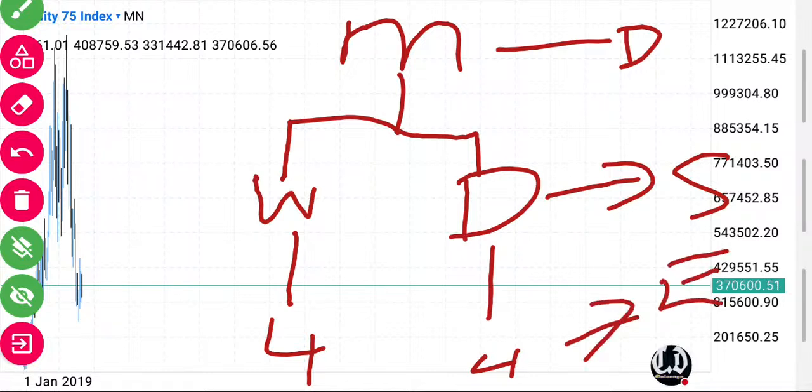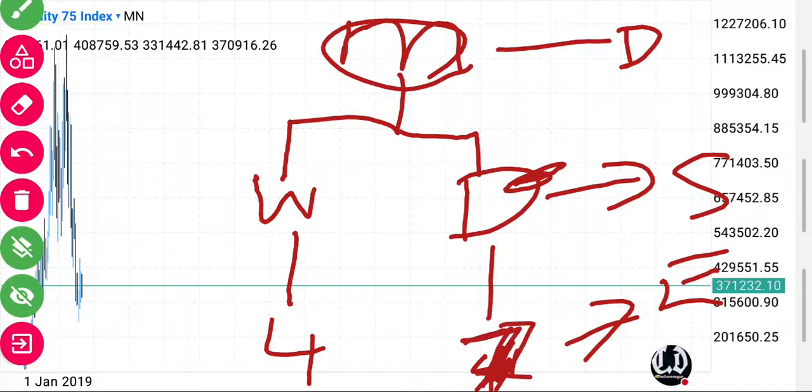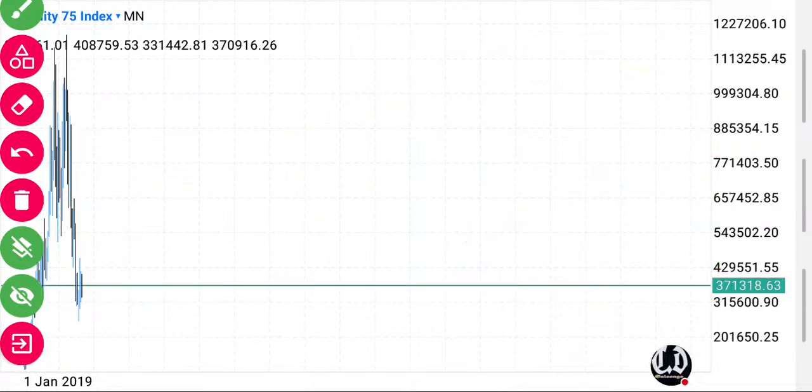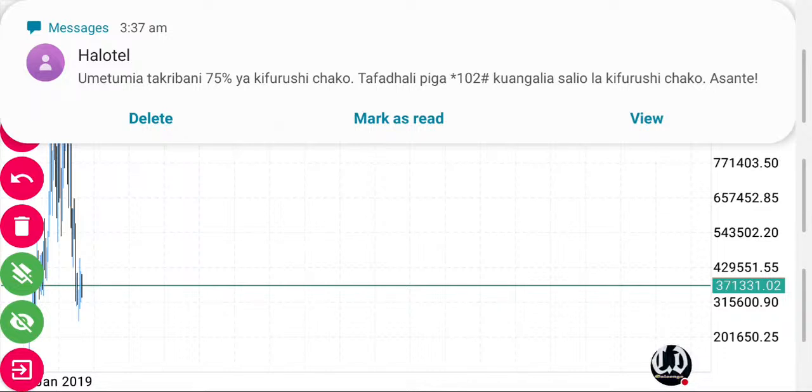Those are the entry time frames. After getting your direction in the monthly time frame, and you get your structure in the daily, the next step is to wait for the market to come to your structure and take your entry on H1. This is H1, guys. This is our daily structure.